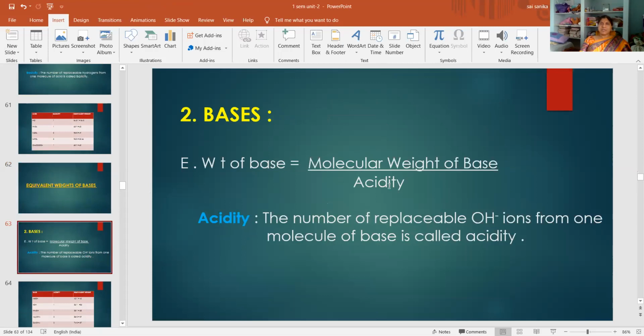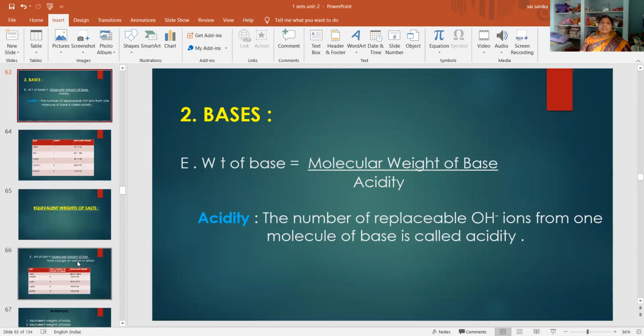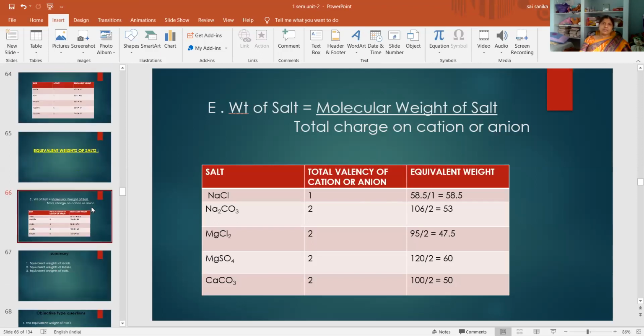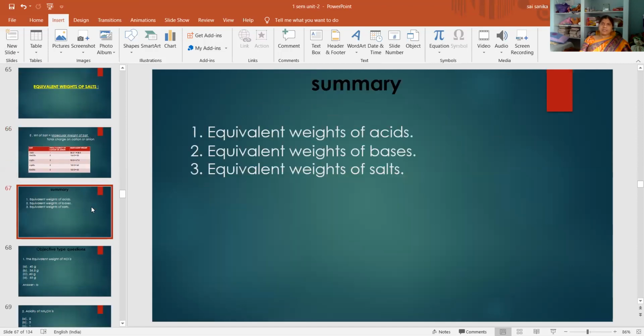Molecular weight of base by acidity. What is meant by acidity? The number of replaceable OH minus ions from one molecule of base is called acidity. Then how will you calculate the equivalent weight of salt? Equivalent weight of salt is calculated by molecular weight of salt by total charge on cation or anion.